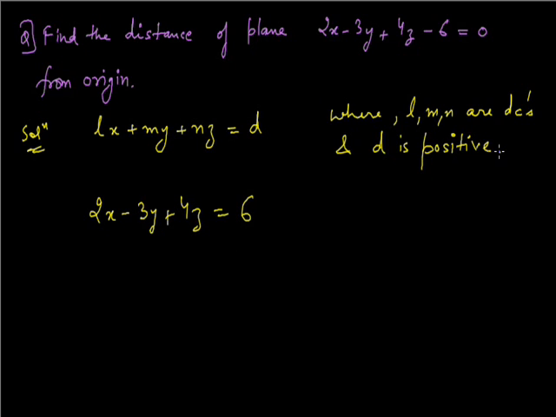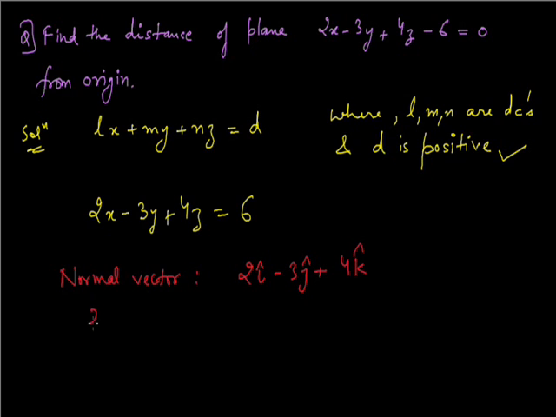Here d is positive, but these are not the direction cosines. These are the direction ratios. So to convert them into direction cosines, we will calculate the modulus of the normal vector. From here you can observe that the normal vector will be 2i cap minus 3j cap plus 4k cap.